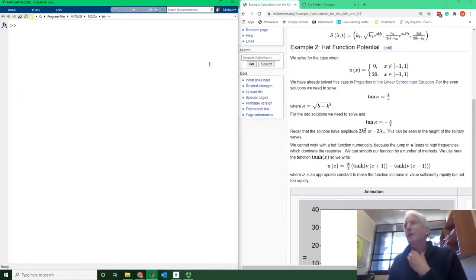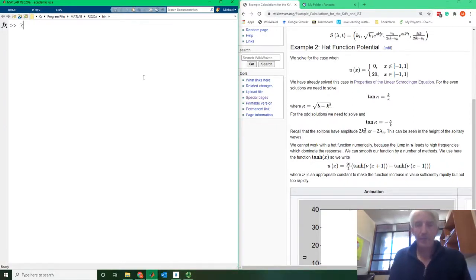All right, so there's our equation. Tan kappa is equal to k over kappa, and kappa is the square root of b minus k squared. And in our case here, b is equal to 20. Okay, so k can go from 0 up to the square root of 20.